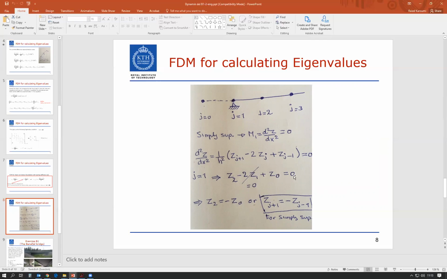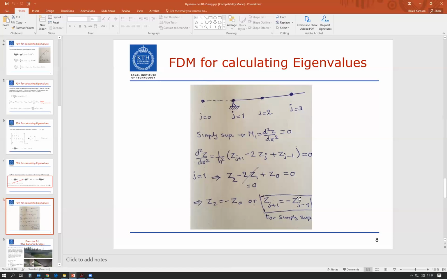This should be 0, which means that z0 should be the same as z2 with a minus sign. So the fictitious point has the same value as the first point inside the beam, but with a minus sign. This is not so strange. Imagine that this is simply supported, and it's bending like this. Because it is simply supported, the slope here should be the same, so it will go up here. So the value at this fictitious point should be the same as this, but on the opposite side.